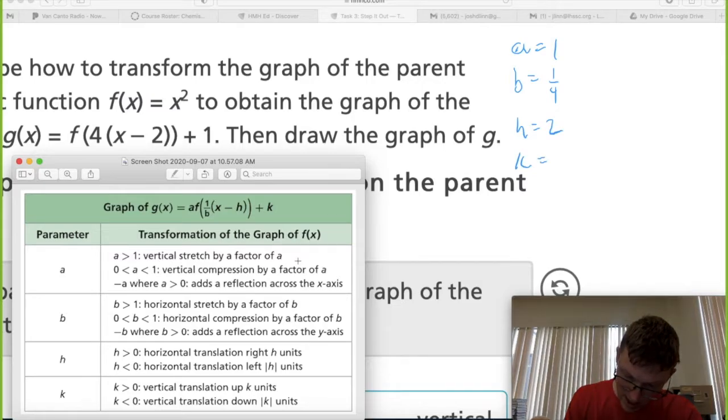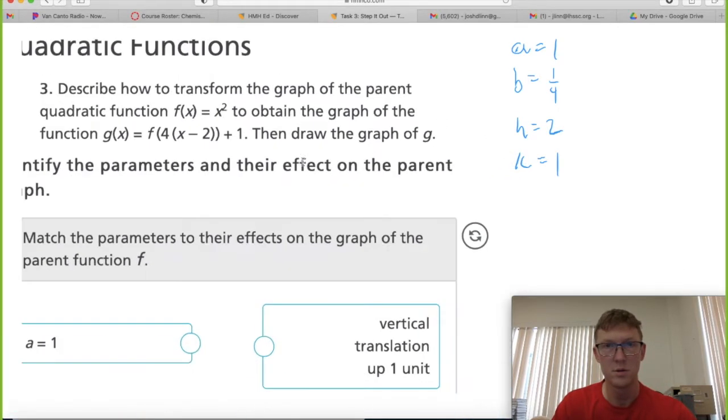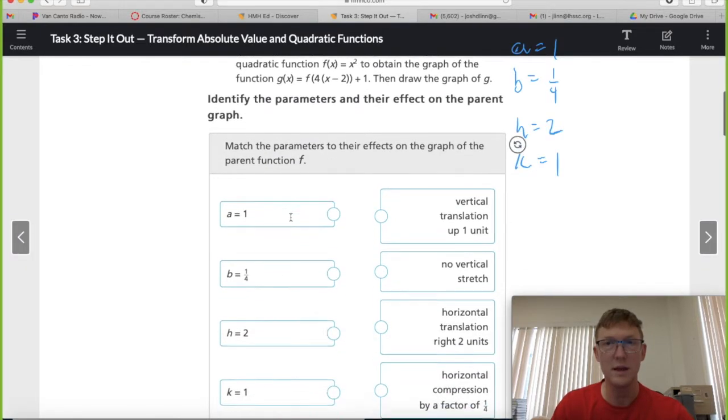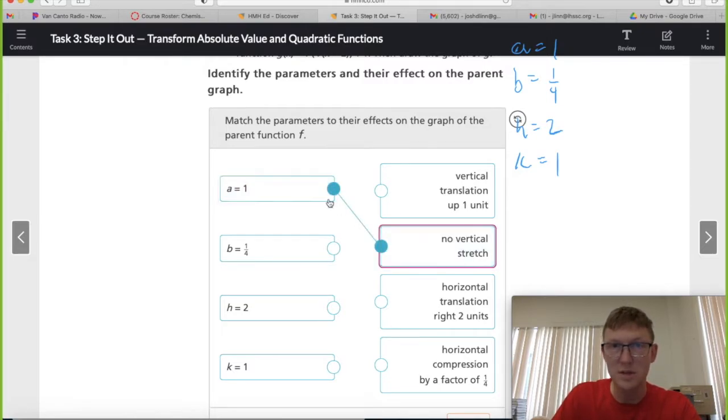And then our k, I always feel like the k is easy. It's just whatever number is out here. You don't have to do anything strange with it. Using that same chart and these values, let's see what we got. a is outside the function, so it would be a vertical stretch or compression. Since it is a 1, there is no vertical stretch. b is inside the equation.